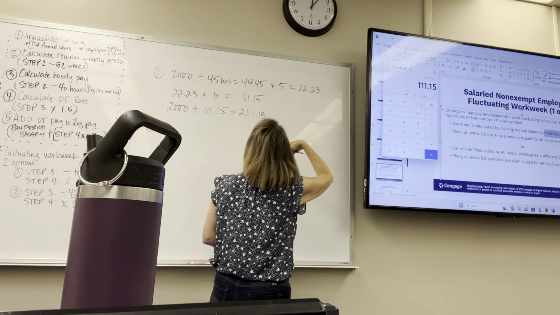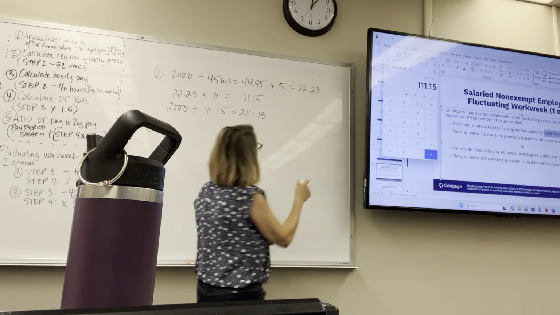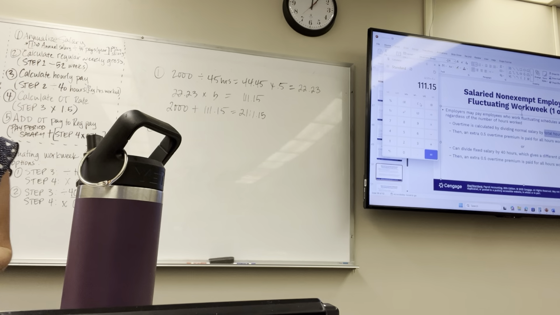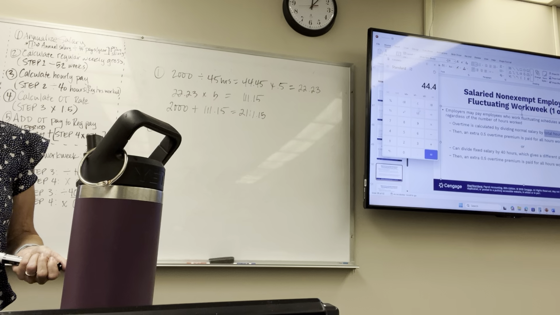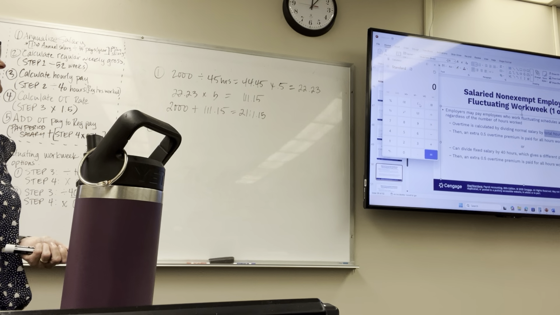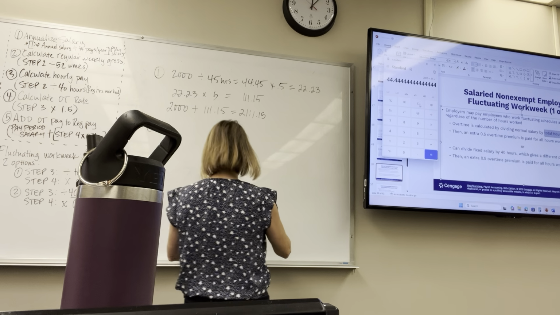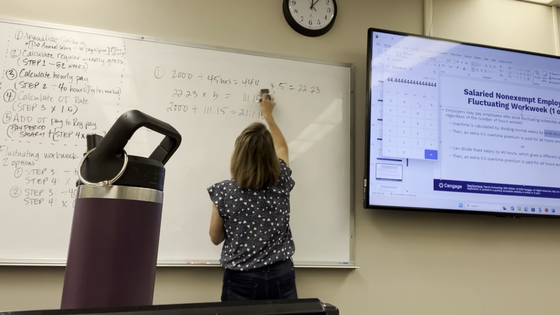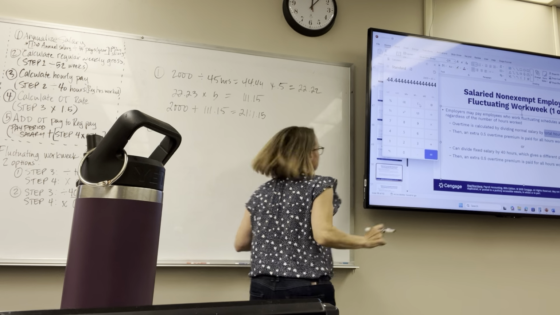So that would be 22.23. Oh, was it 44.44? Okay. So let's see, 2,000 divided by 45. You're right, 44.44. Sorry. No, thank you for pointing that out.